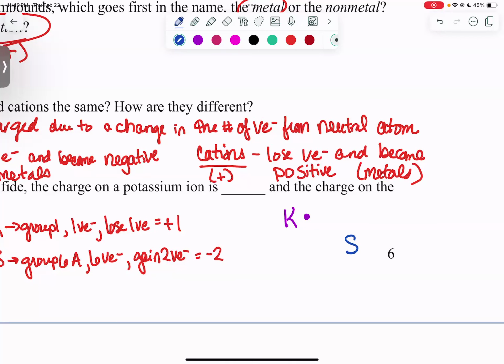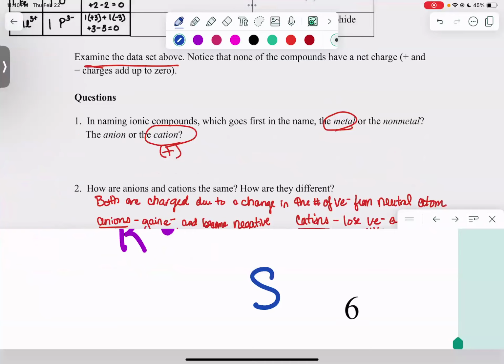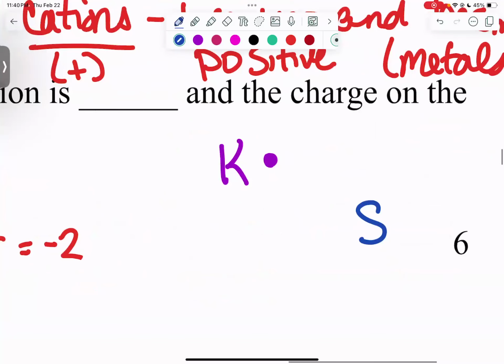Should have 6. So remember, when we do these electron dot diagrams, we put our electrons singly, 1, 2, 3, 4, and then we double them up. So then we'll say 5, 6. It doesn't matter how you do it. It does not matter at all.